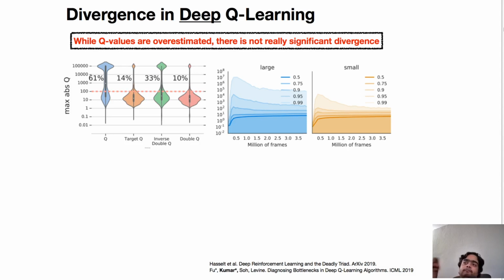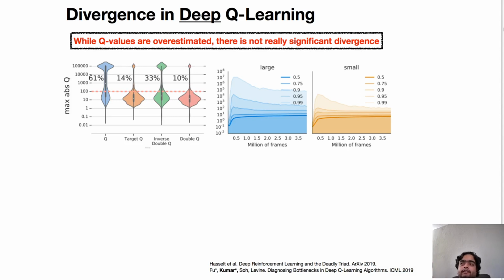They ran different games for multiple seeds, and at a given time step they accumulated the Q values across these runs and plotted different percentiles of this set of Q values for each time step.